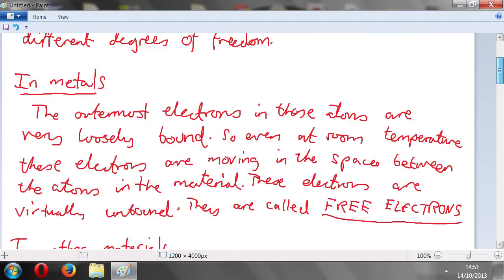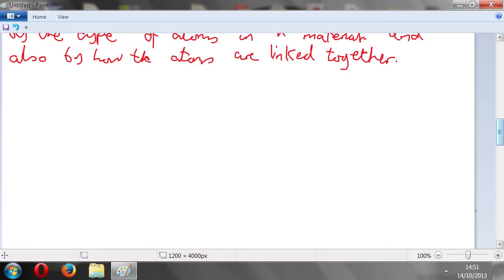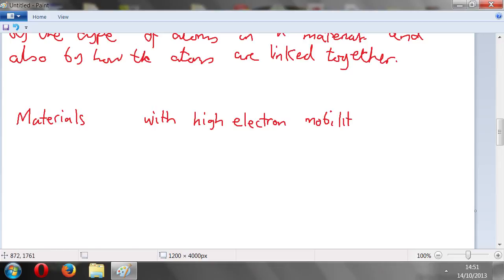So we mentioned the metals here, and then other materials here. What I was basically doing with that is: materials with high electron mobility, so many free electrons, they're conductors.